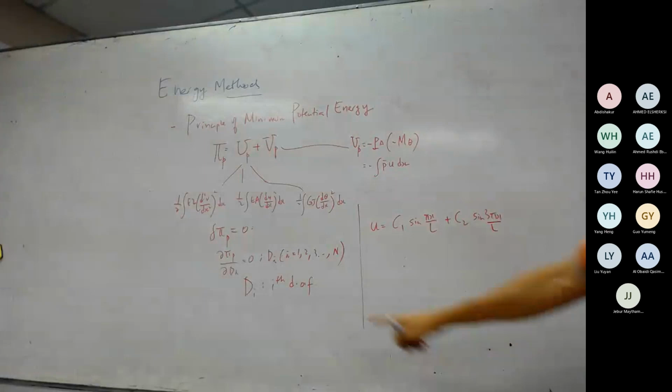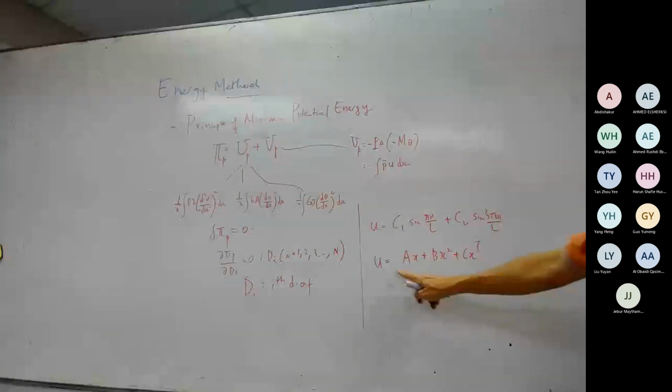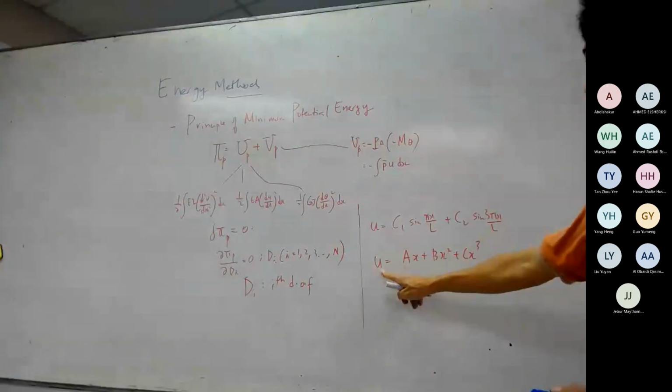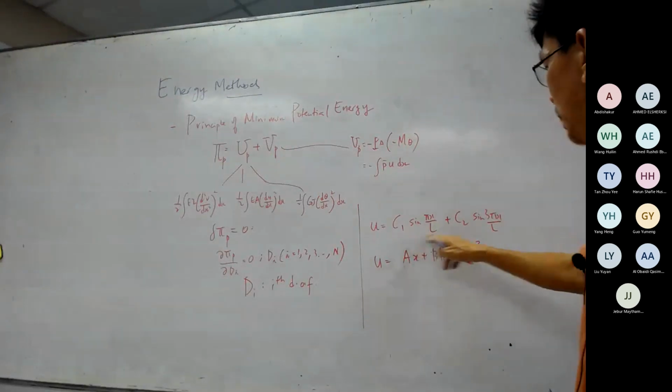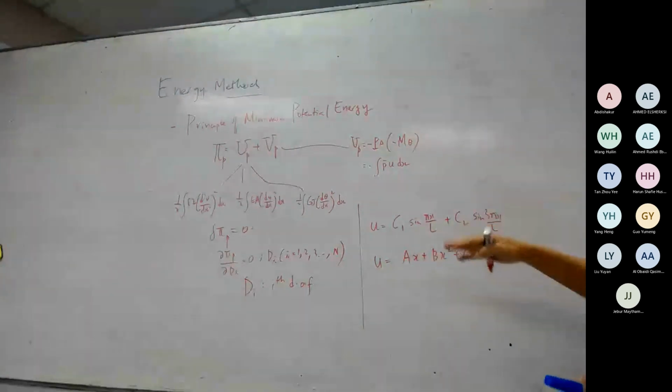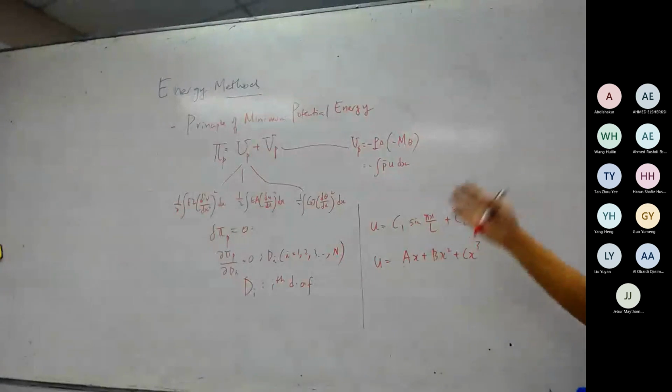If it is an axial displacement problem, for example A x plus B x squared plus C x cubed, this is the displacement field for the problem that we want to solve. It can be a bending problem or an axial problem, any kind of problem. But this means that we have to carry out the partial differentiation equal to 0 with respect to each of the degrees of freedom.